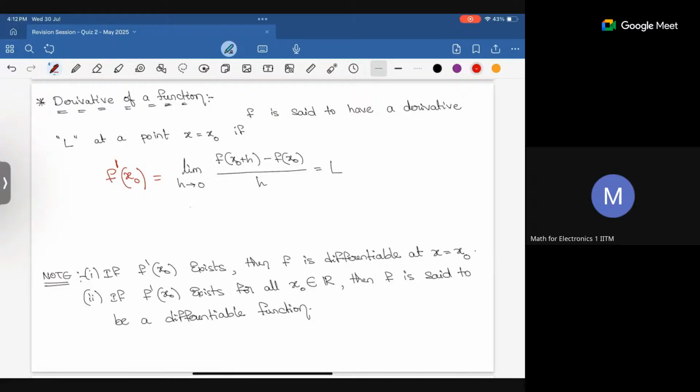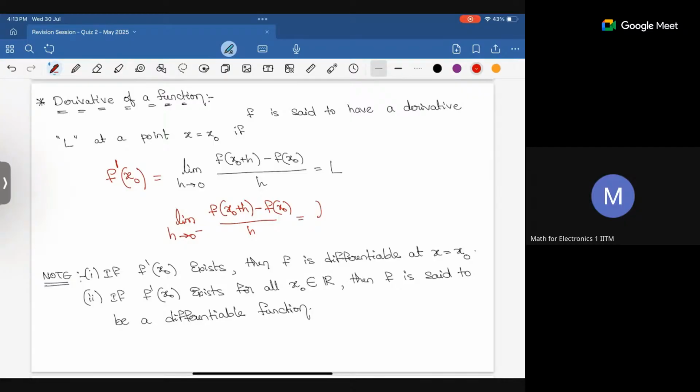How do we check that? All we have to do is check what happens when h approaches 0 from the left hand side. We compute this slope. So this is kind of like a slope.